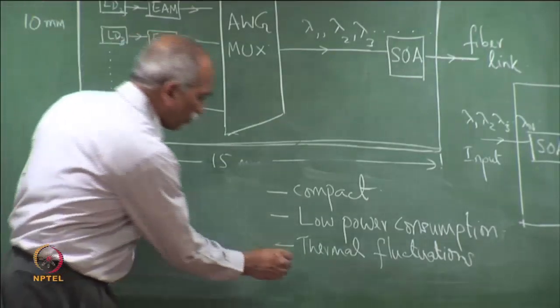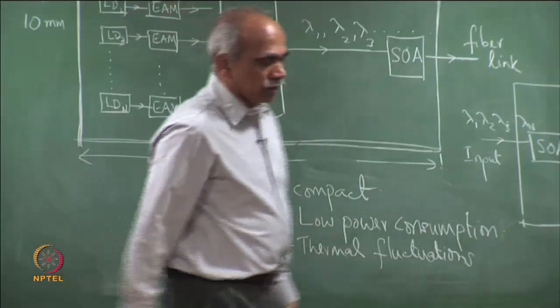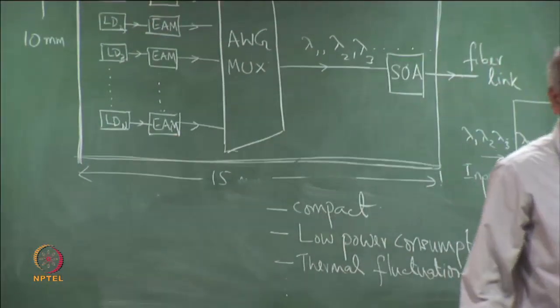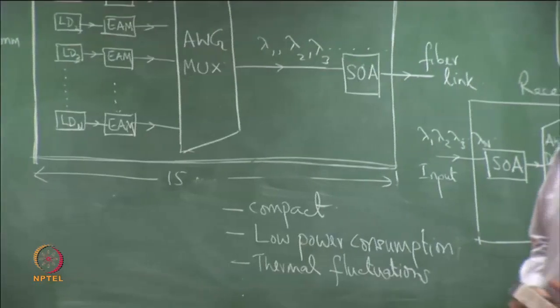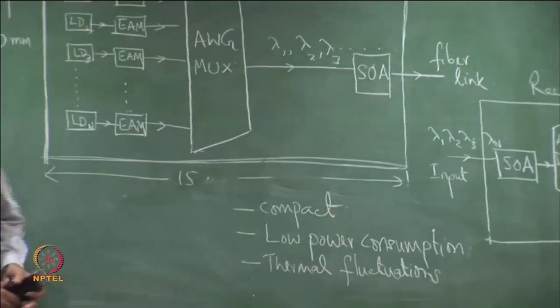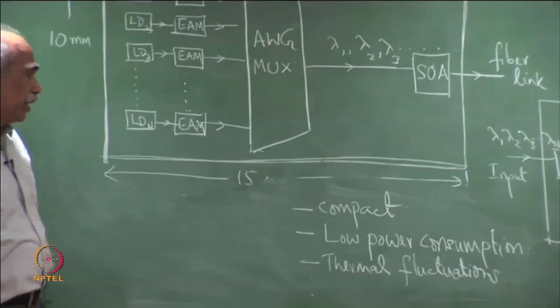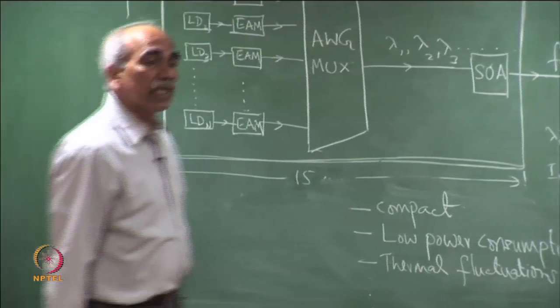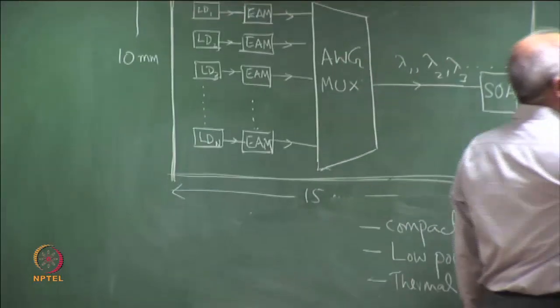And many more advantages, reliability and so on. The same advantages are true for these as well, and PICs are picking up in a big way in the current optical communication scenario.